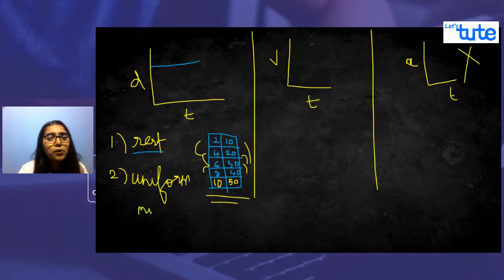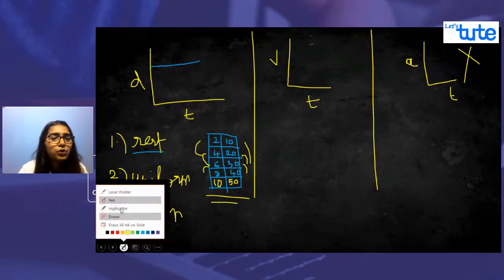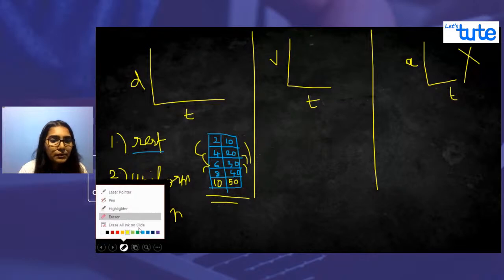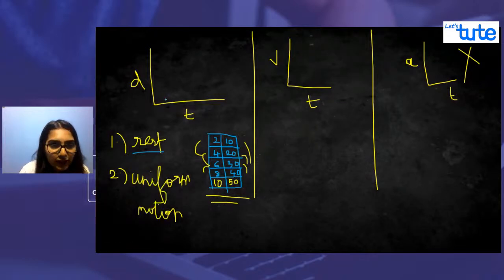And if I want to plot a distance-time graph of uniform motion, this is what I have to do. For a body in uniform motion, let's plot it like this.